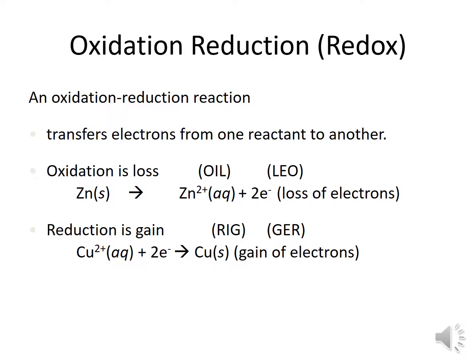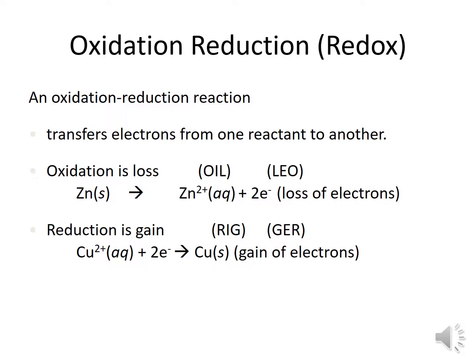The other saying is Leo the lion goes GER. Leo is the zodiac symbol for the lion, so Leo the lion goes GER. Of course, typically lions roar instead of go GER, but then that wouldn't explain loss of electrons being oxidation and gain of electrons reduction.